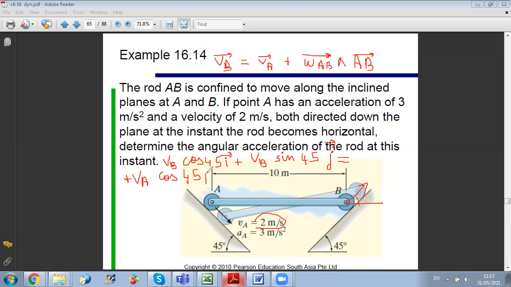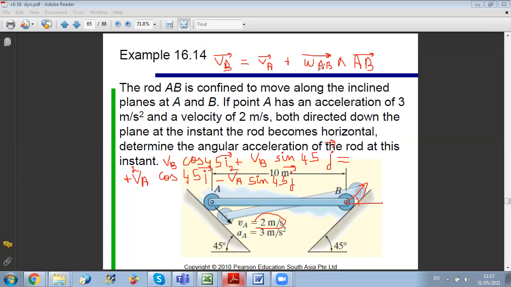But along j, it's a negative component, so minus VA times sine 45 along j. So this is the velocity vector VA. I can just replace VA directly by 2, so 2 cosine 45 i minus 2 sine 45 j.